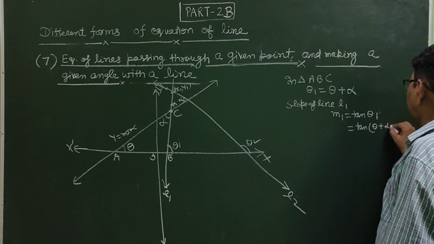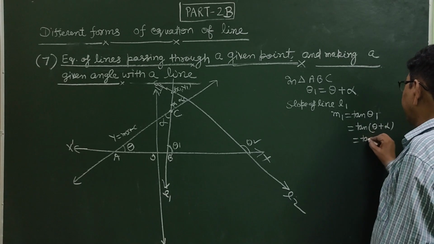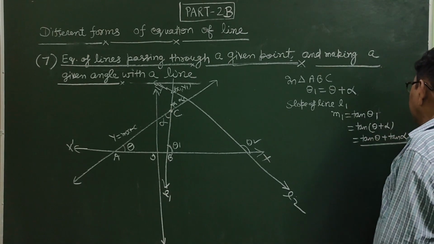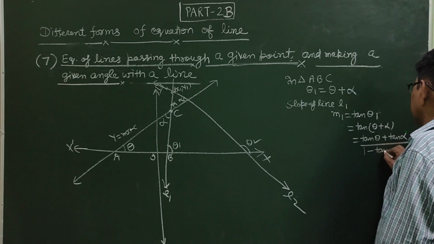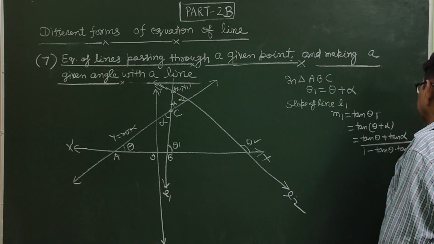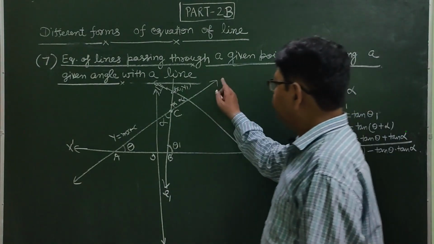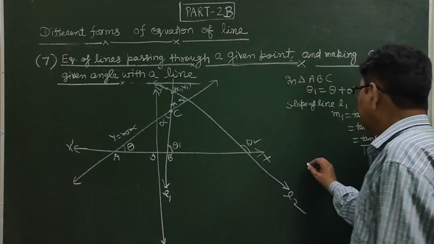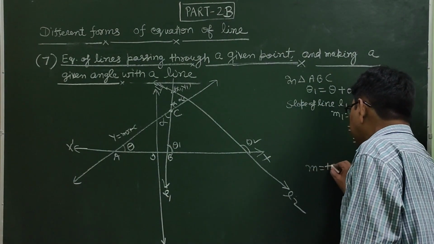So this is equal to tan theta plus tan alpha upon 1 minus tan theta into tan alpha. The first line makes angle theta and its slope is m, so m is equal to tan theta.